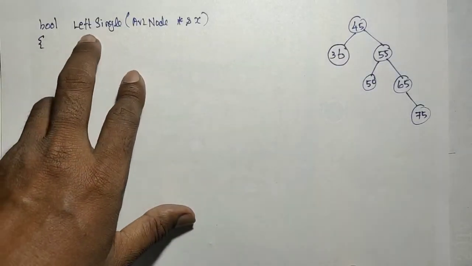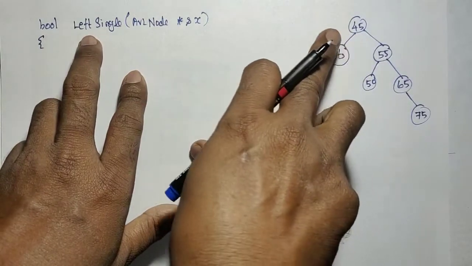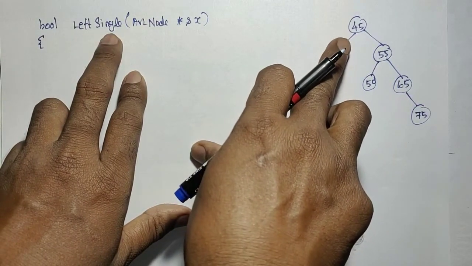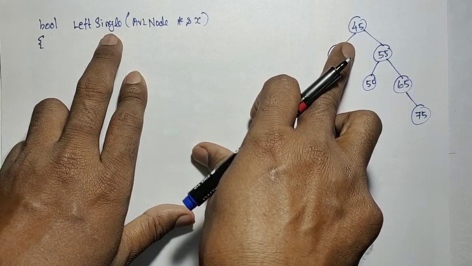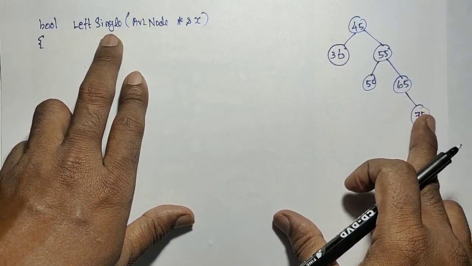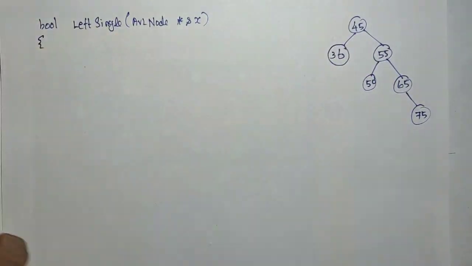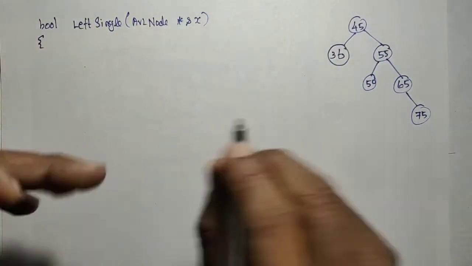So the left single rotation, for example here, is due to adding a new element on the right side of the right subtree, right side of the right. Here we have added a 75, so I need to rotate the 45 to the left side one time. For that we need to call the left single.